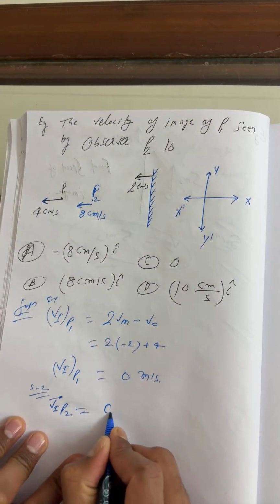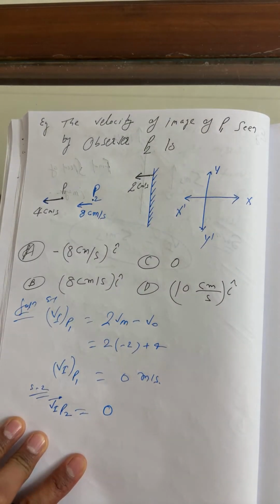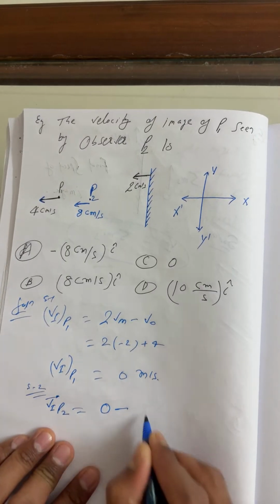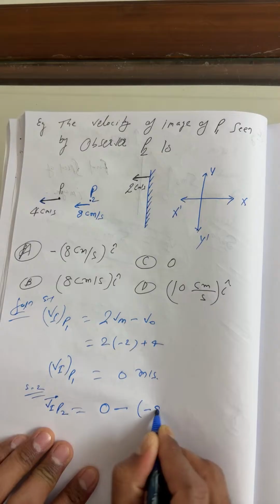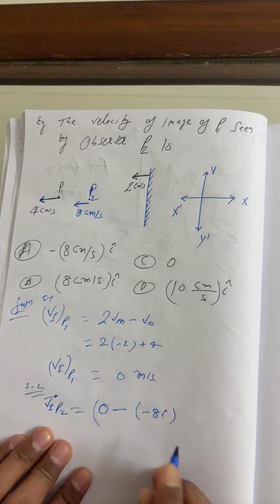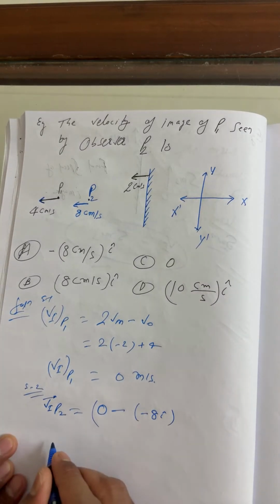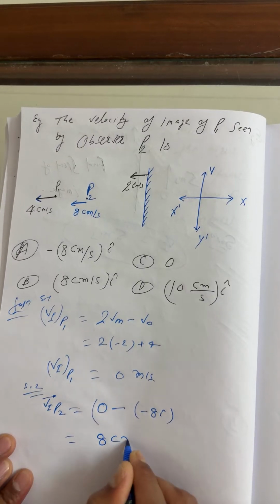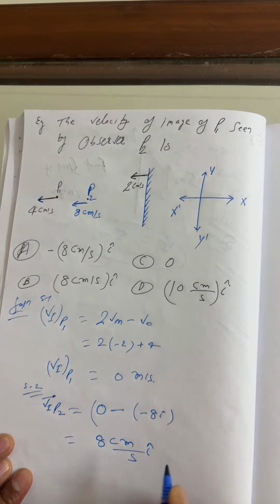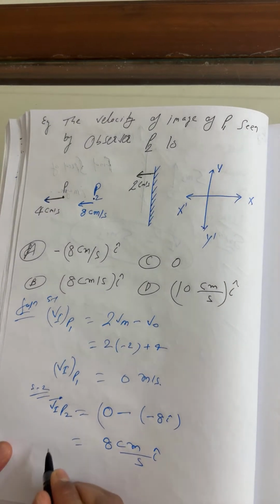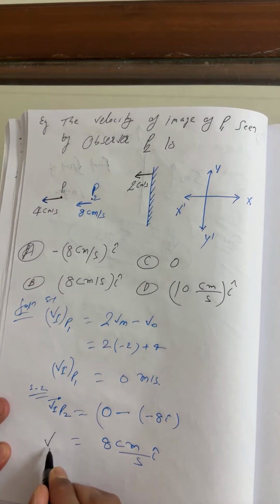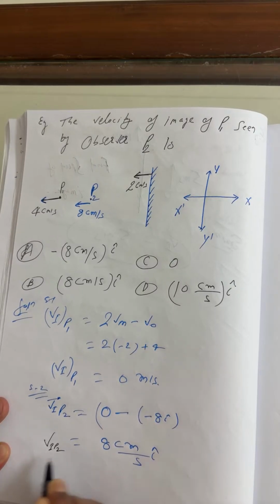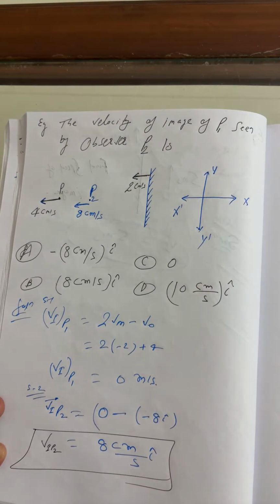So this is 0. Then minus here, minus 8 I cap. Minus plus here. So finally, you can write 8 centimeter per second I cap. That is the velocity of image with respect to P2, 8 centimeter.